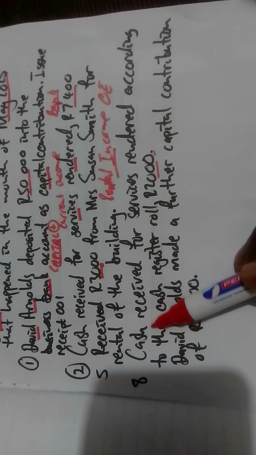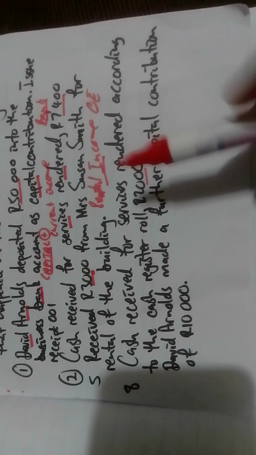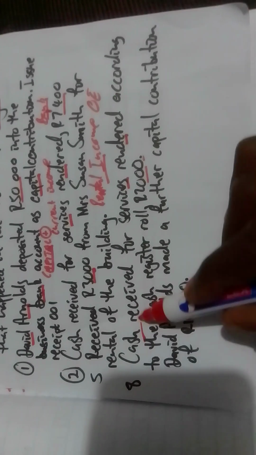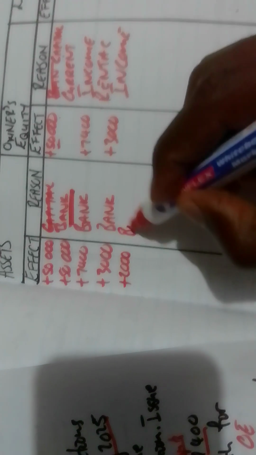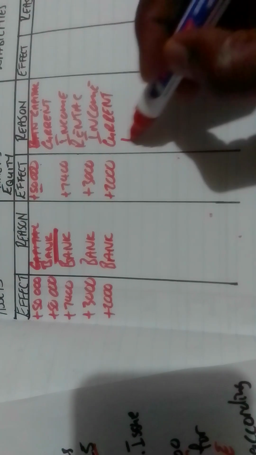Now it says cash received for services rendered according to the cash register row, which is 2,000 rands. We know that services rendered is current income, and this cash which we have received goes into the bank account. So how much? 2,000 rands. So we say plus 2,000 going to the bank, and plus another 2,000 rands for current income. And just like that, we are done.